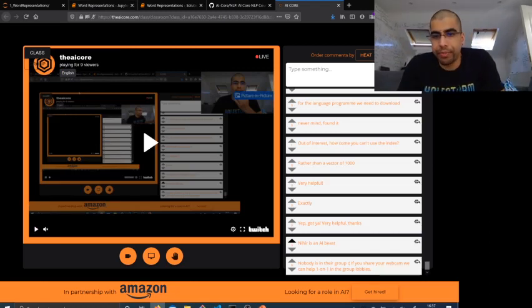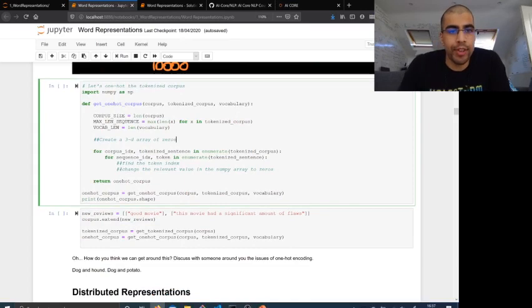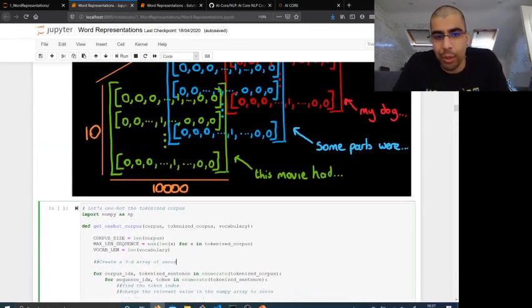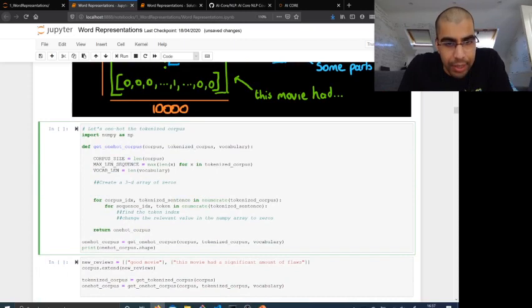All right, let's continue. So what we're going to do first of all is create a three-dimensional array, otherwise known as a tensor, rank 3, and we're going to initialize it to zeros. So this will be the tokenized corpus.